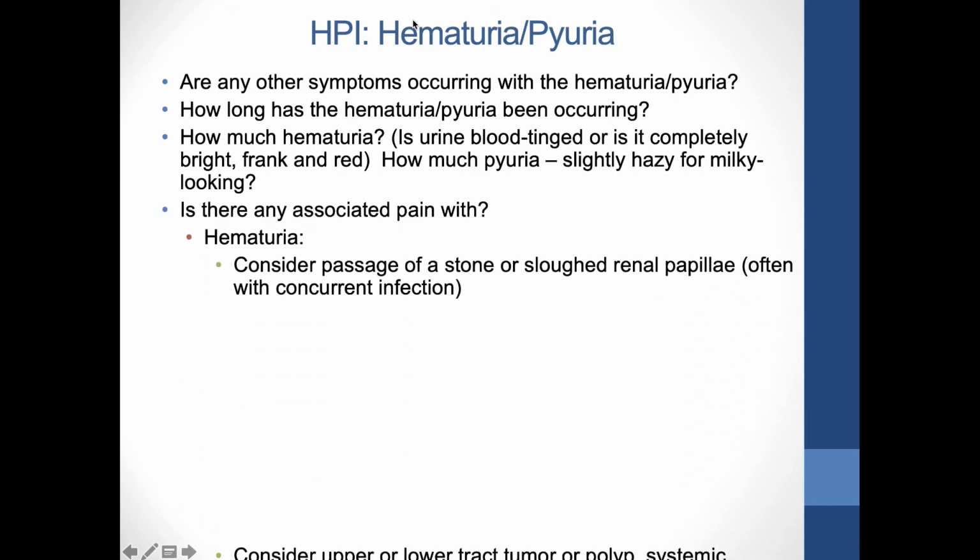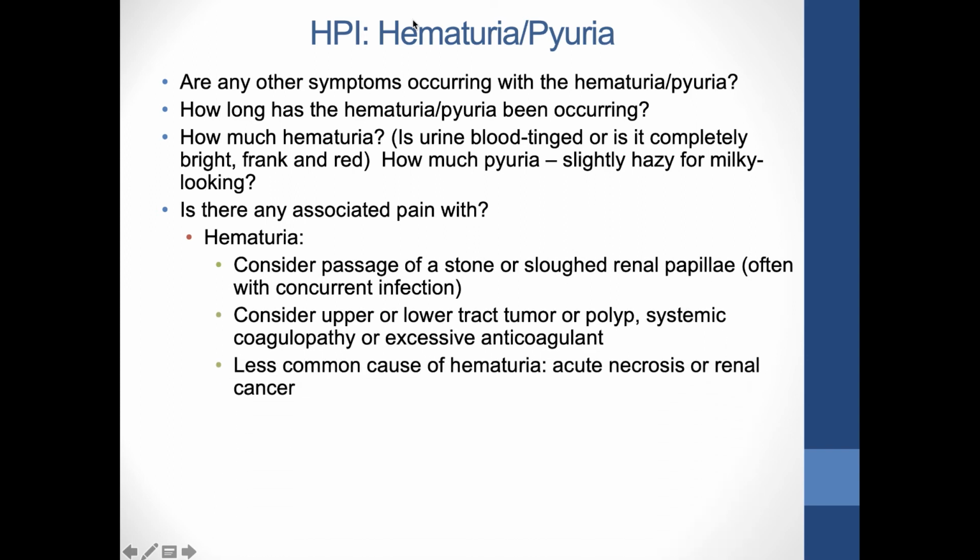With hematuria, we're going to consider the passage of a stone, a renal stone, a kidney stone, as it may have sloughed off in the urinary tract, causing blood to be in the urine. We're going to consider upper or lower tract tumor or polyps, systemic coagulopathy, or excessive anticoagulant use. So it's important to ask them if they are on an anticoagulant. Less common causes of hematuria are acute necrosis or renal cancer.